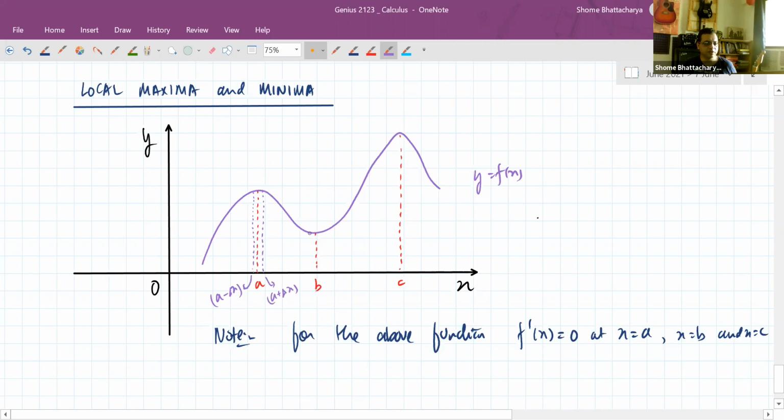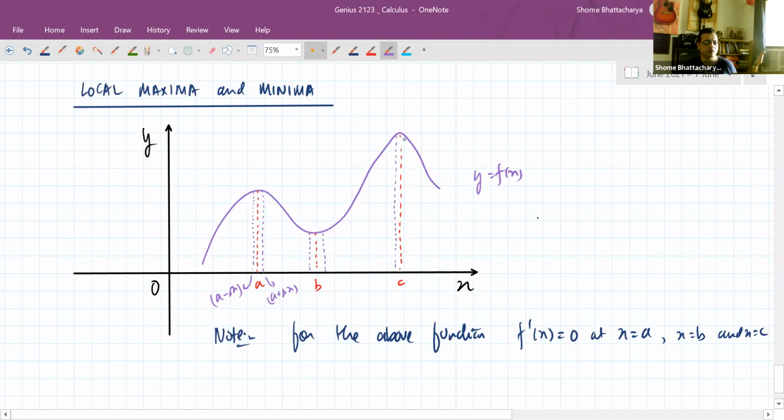Similarly, if I look at the immediate neighborhood of B, with one point on the left side of B, one on the right side, and B itself, you can see B is the smallest of the 3. And similarly, if I look at the point C, the in-between point has the maximum value.